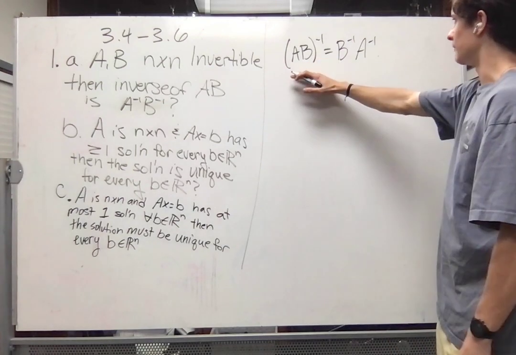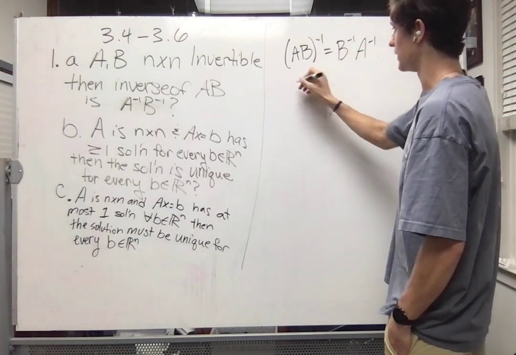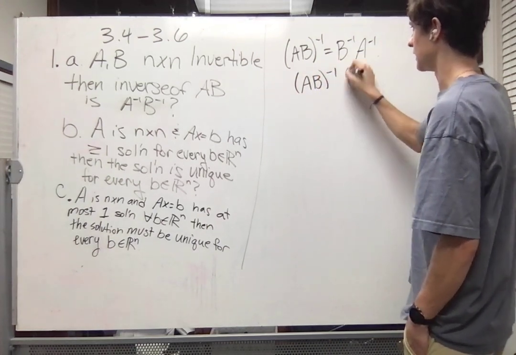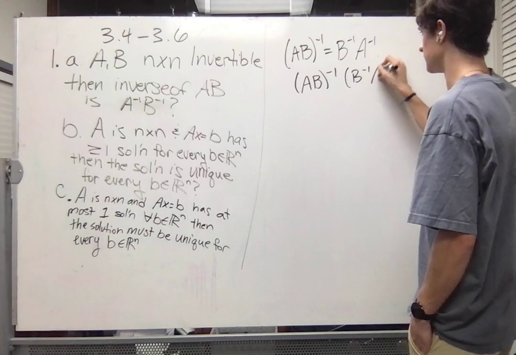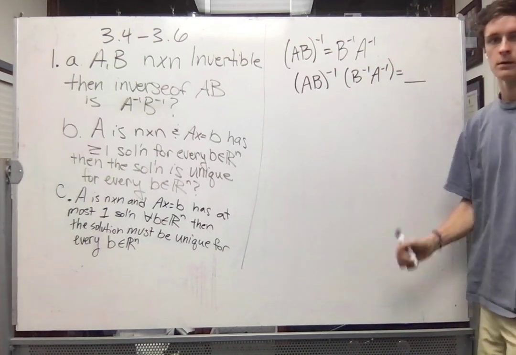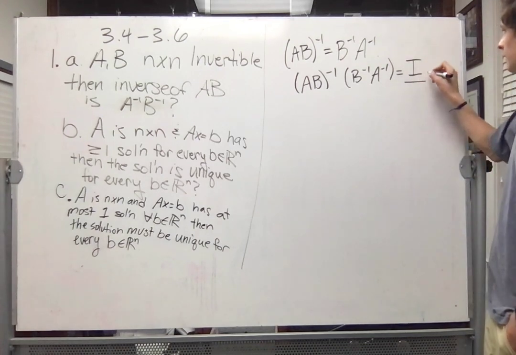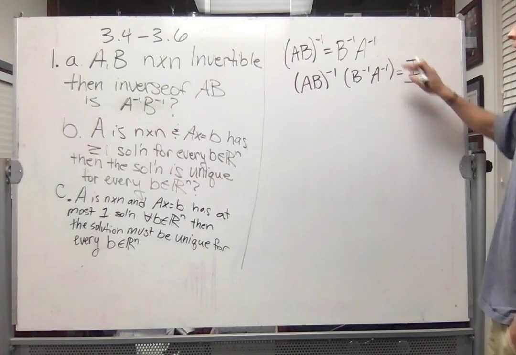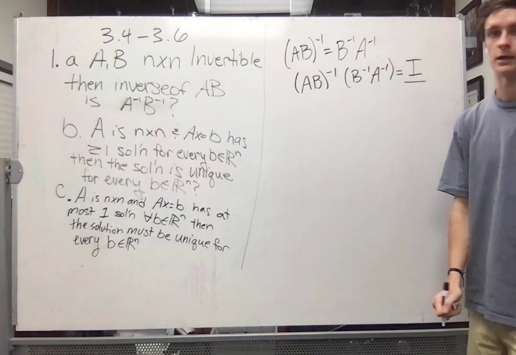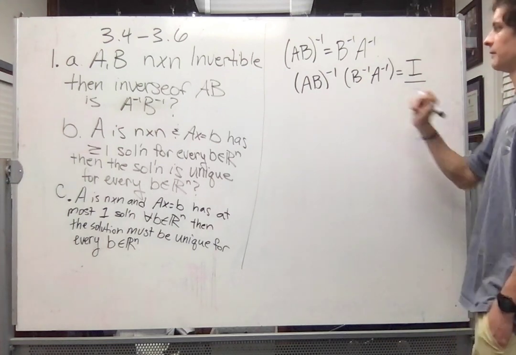So if the inverse of AB is B inverse A inverse, then we should have AB times B inverse A inverse equals what? This should be the identity matrix. If this is true, then this should certainly be true, but we can verify this.